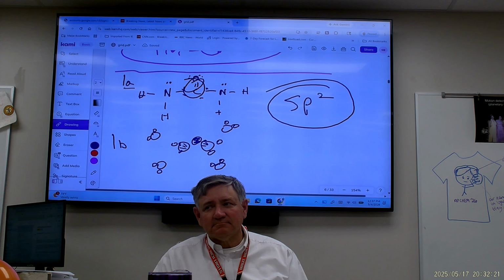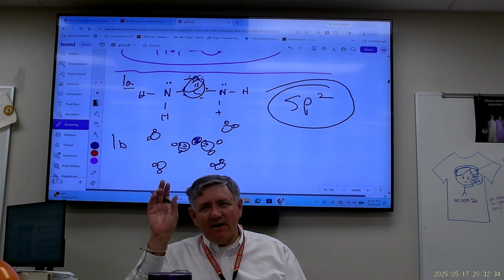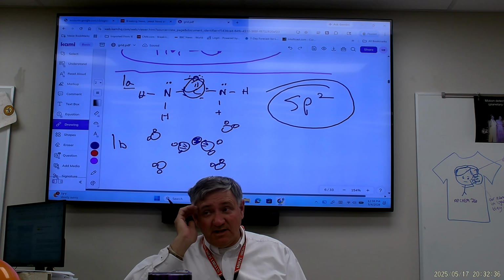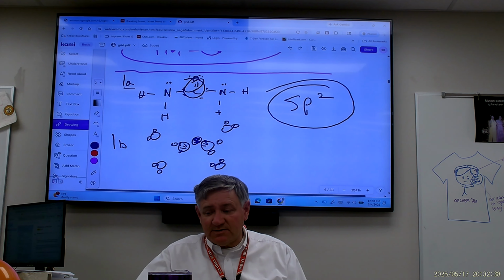So does my strategy of counting the number of areas of bonds it has, subtracting 1, and putting sp to that number, does that always work? Here's my concern: you could also have regions of high electron density where you have unbound pairs of electrons.